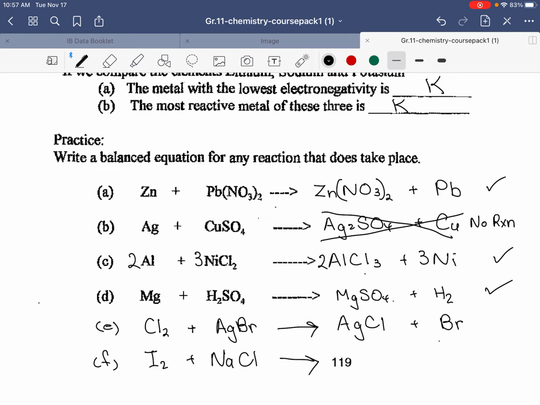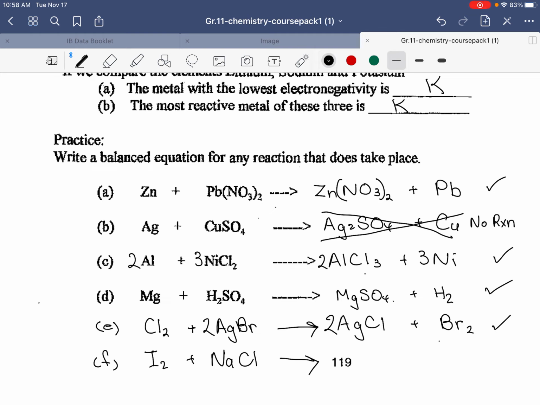Now, you're not entirely right. Br cannot be alone. Br exists as Br2. It's a halogen. A halogen, like hydrogen gas, cannot be by itself. Of course, you're going to have to balance this to make sure it's good.